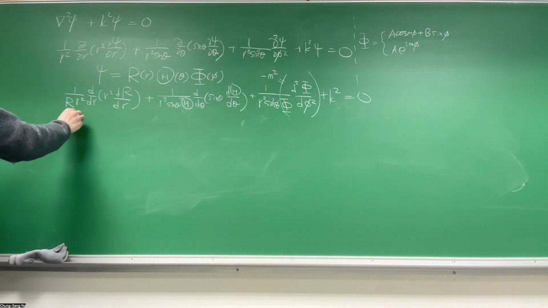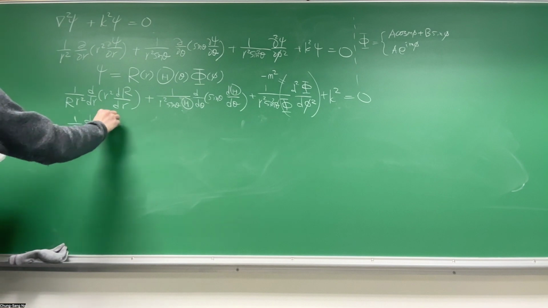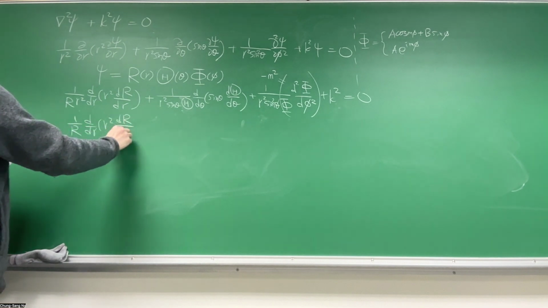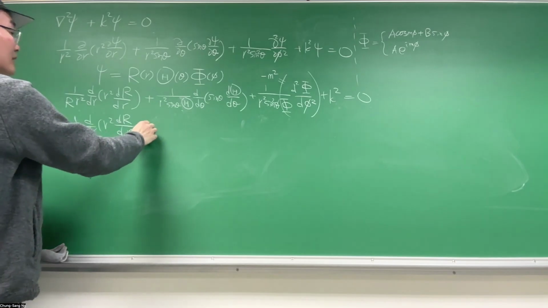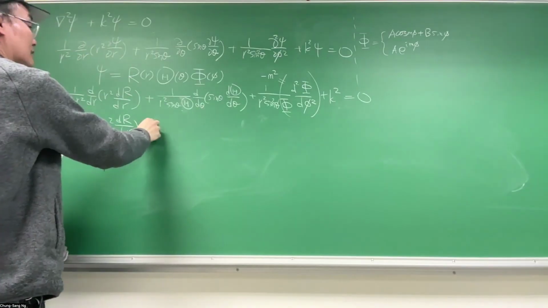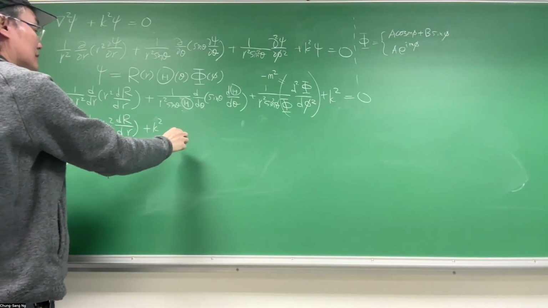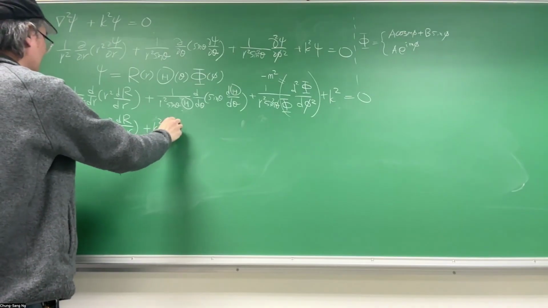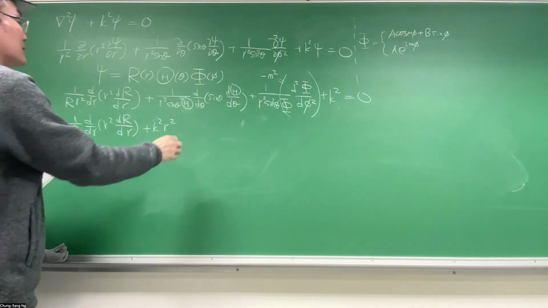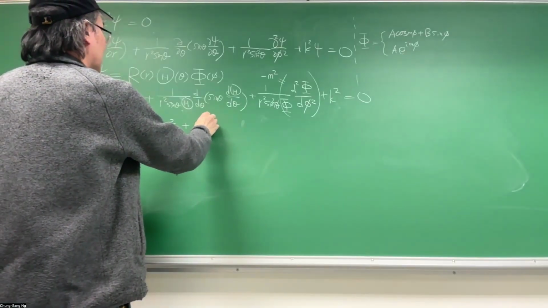Now we might as well write it out because that's getting too complicated to do a shortcut. Let's just write it, combining this term to here, because these two terms don't depend on theta, basically r squared, and the rest depends on theta.